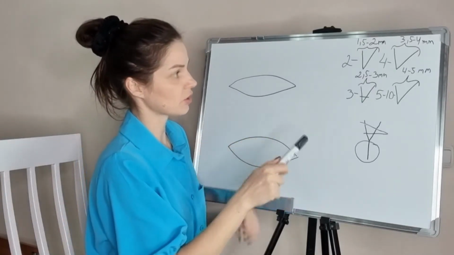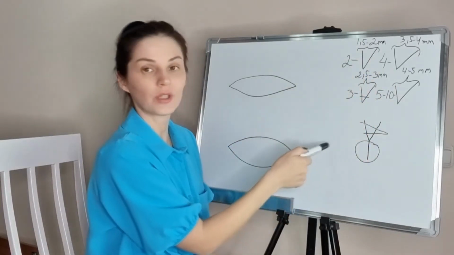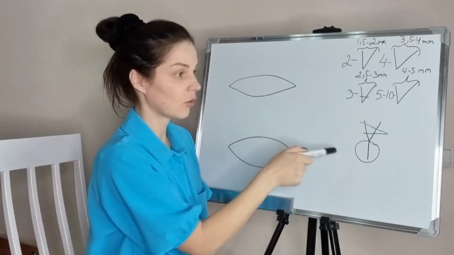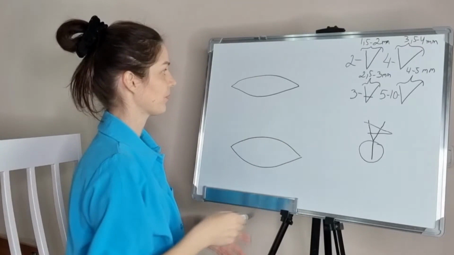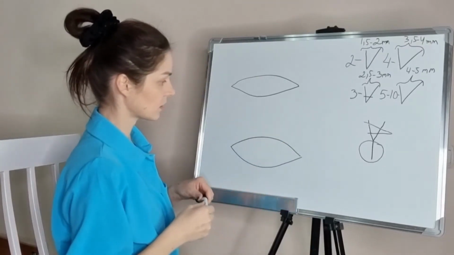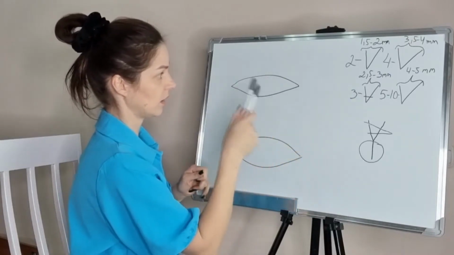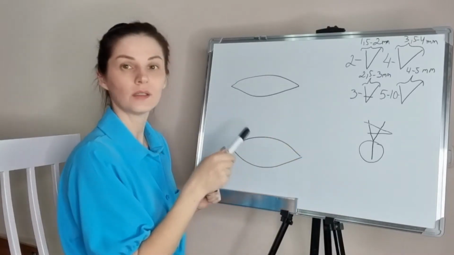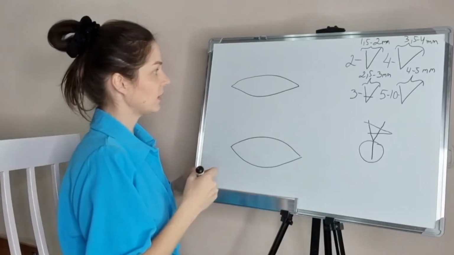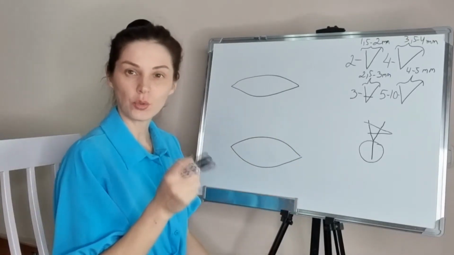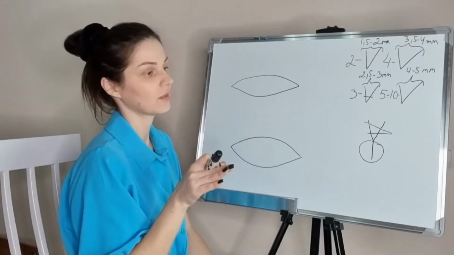Today I'm going to tell you for which lash set these two curls are well suited. We will consider the M curl and the L curl, where exactly the M curl is used and where the L curl is used. The M curl and L curl are well used in the squirrel effect.